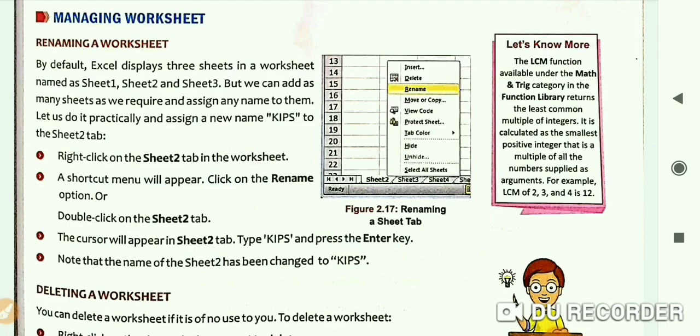A shortcut menu will appear, click on the Rename option. The second option to rename it is to double click on the Sheet2 tab. The cursor will appear in the Sheet2 tab. Type any name like KIPS and press the Enter key. Note that the name of Sheet2 has been changed to KIPS.